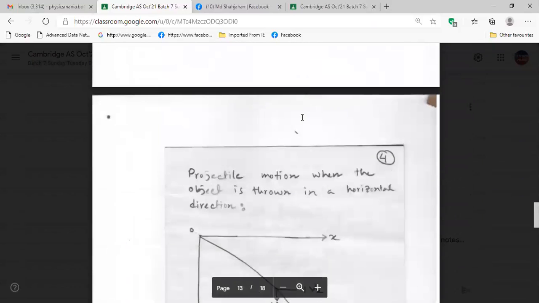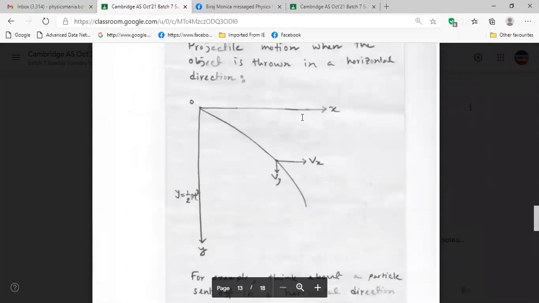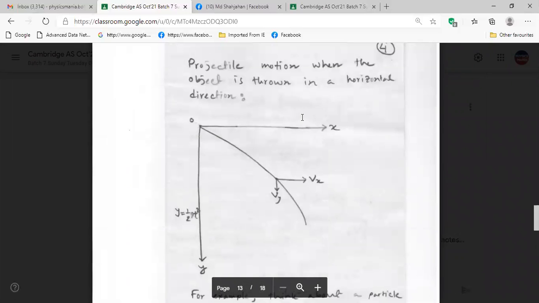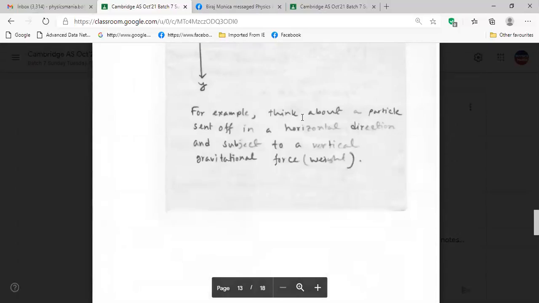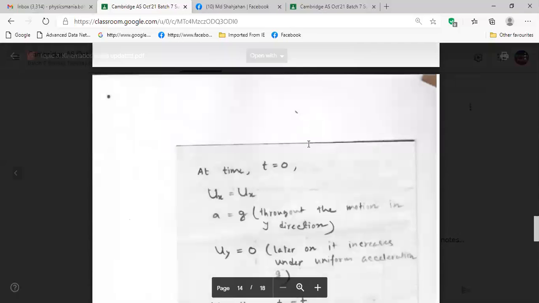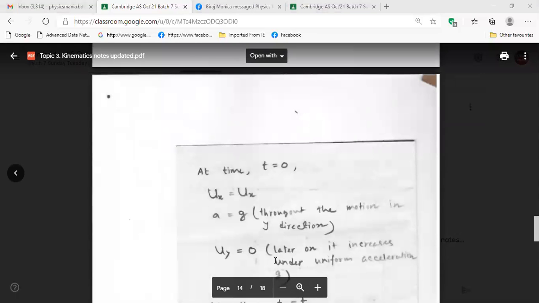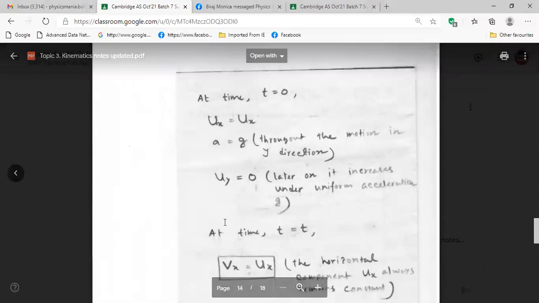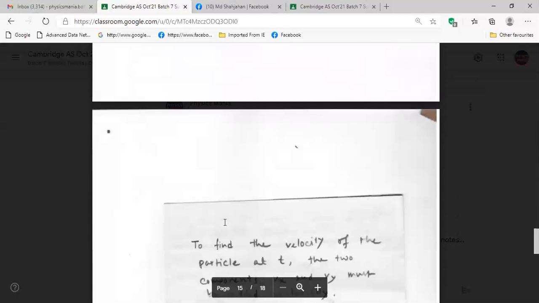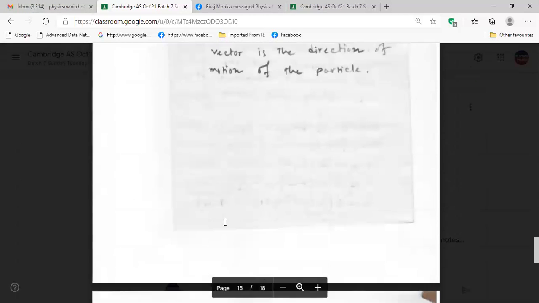Then here we discussed what will happen if we throw the object horizontally. That part we discussed, but did you write it or not yet? Yes, sir, I wrote it. You have written it. Okay, very good. You also wrote. So if you are done, that's awesome.